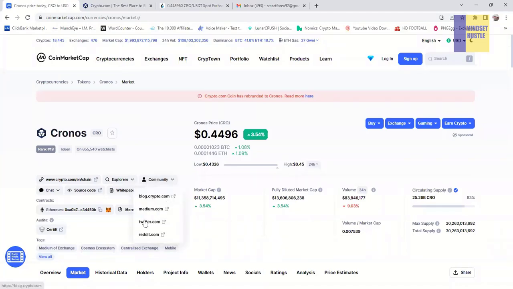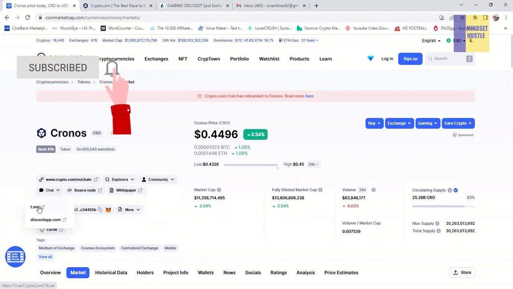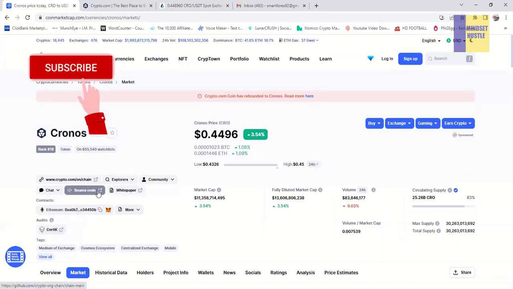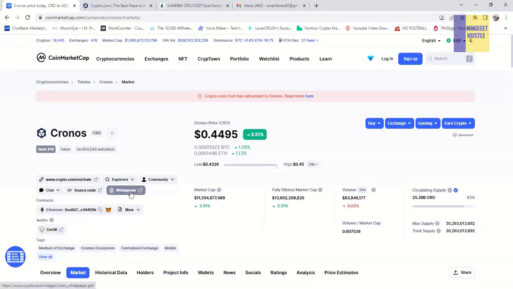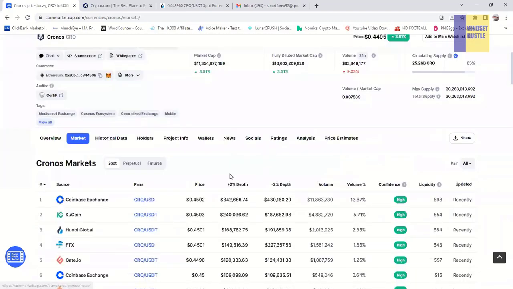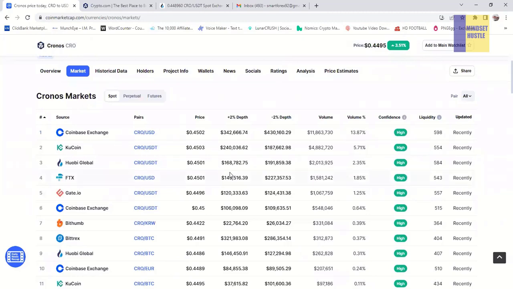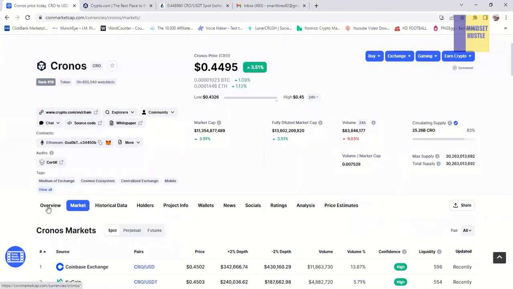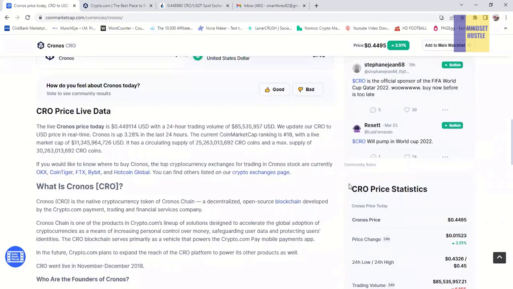They have Medium, Twitter, and Reddit. You can join any of them, and you can also chat with them or join their Telegram and Discord as well. Then this is their white paper. You can download it and read. So if you want to invest in CRO, you can read more about them and know what the project is all about.